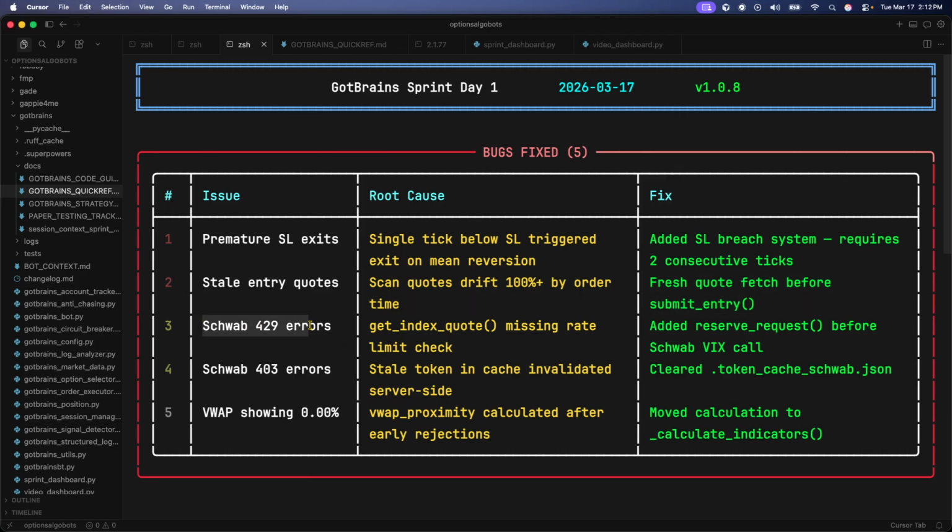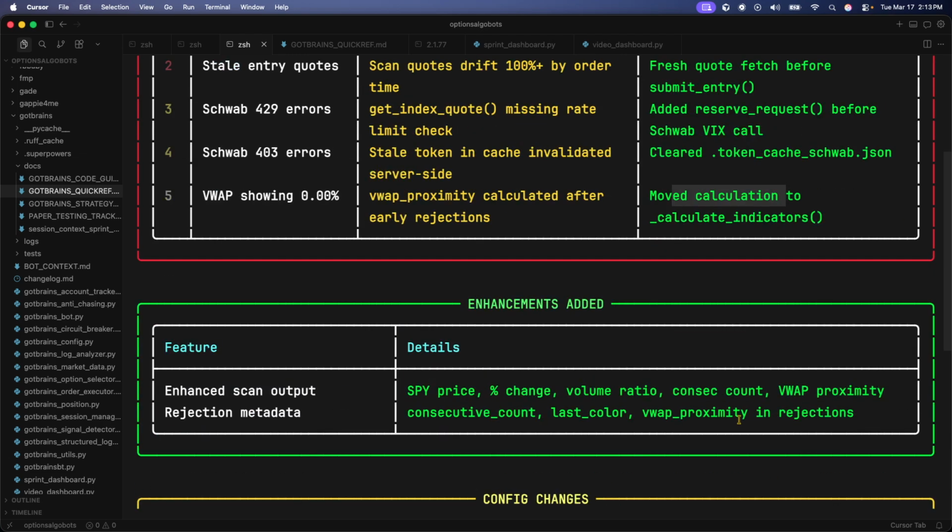Schwab was giving us 429 errors and also 403 errors. So what we did is add a reserve request before Schwab, and also cleared the token cache that was causing the errors. And one of the biggest things that we saw was VWAP showing 0.0%, right? So what we did is move the calculation to the calculate indicators.